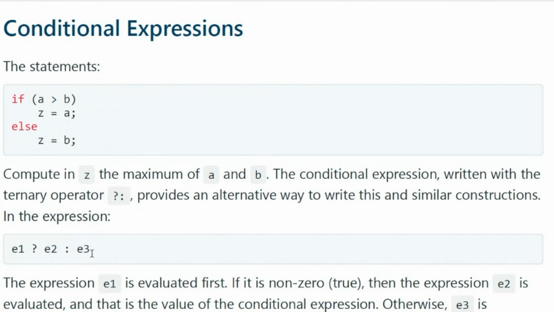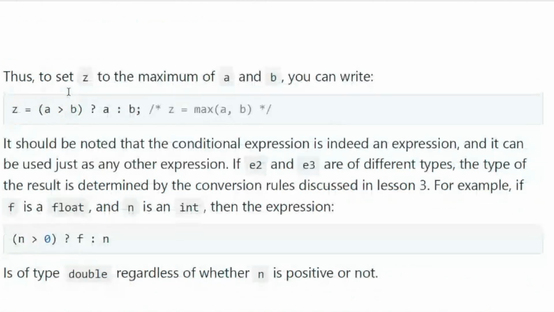Right. So let's try to convert this if statement into this form. So we're evaluating A and B, right? If it's true, we will get the result as A. Otherwise, if it's false, we'll get the result as B. So this is a condensed form of the if statement we just had.